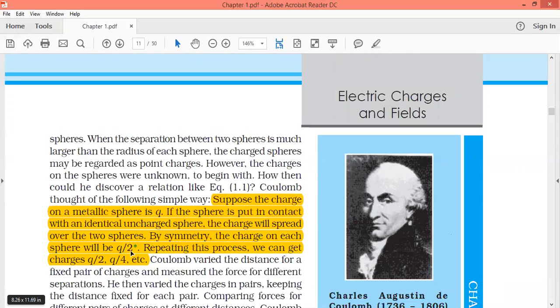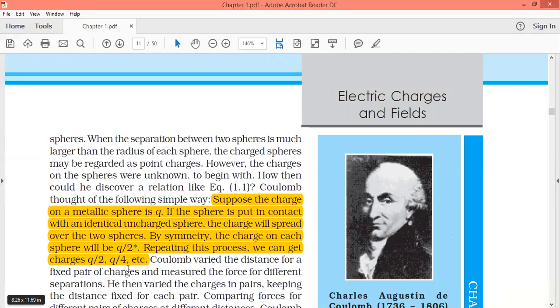If you add both, you finally get Q. That is the law of conservation of charge: charge is neither created nor destroyed, it is only distributed. Repeating this process, if you take two more spheres, then the charge will be Q by 4.